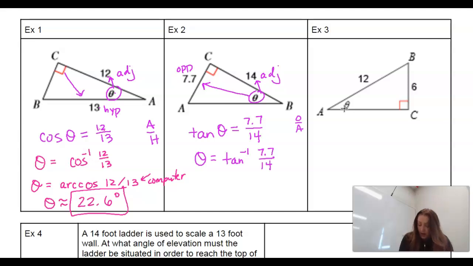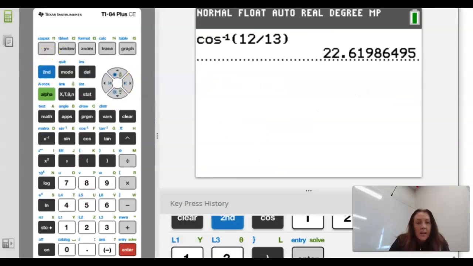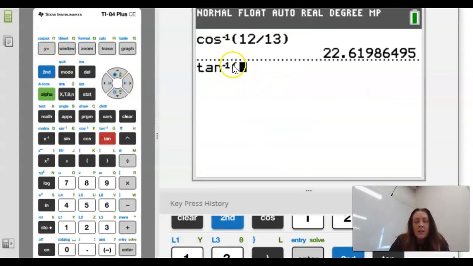Once again, if you're using a computer, you're going to type in arc tan. You can just type those words out, and then 7.7 divided by 14. So I'm going to do second tangent. Make sure you see that little exponent, that it's the inverse.